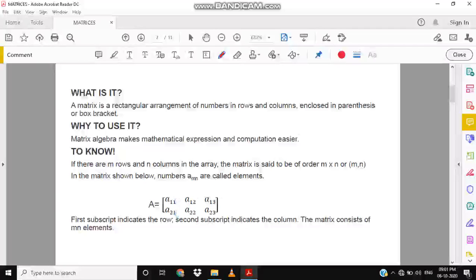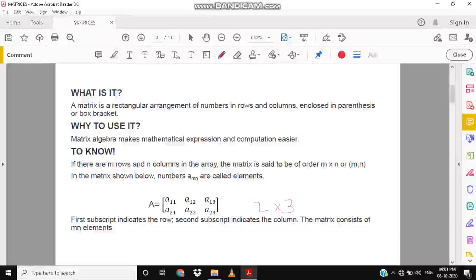You can see it over here. So we name these rows as m and columns as n in the array. The matrix is said to be of the order m into n. So here the number of rows is 2 and the number of columns is 3, right? So here the order of the matrix is m into n, that is 2 cross 3.